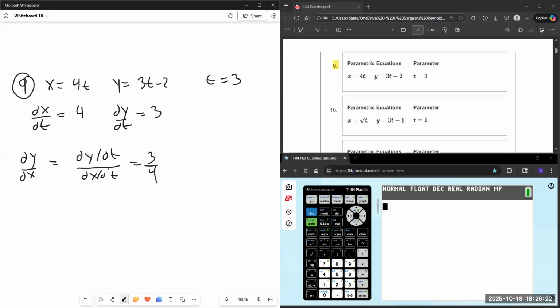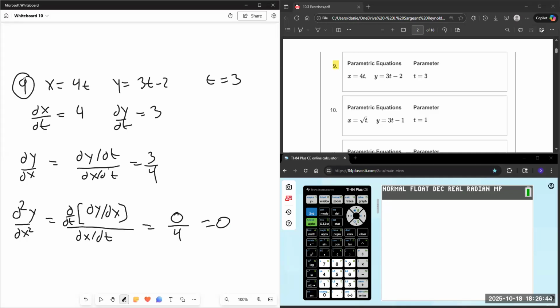To find the second derivative, d2y/dx2, we take the derivative with respect to t of dy/dx, that is a function of t, and divide it by dx/dt. So that's going to be 0 over 4, which is 0.